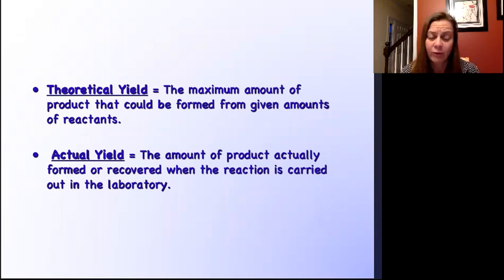So that would be the 44 cookies. And theoretical yield is the maximum amount of product that could be formed from the given amounts of reactants. And so that's the 48 cookies that the recipe tells you it's going to make. So when we calculate percent yield, we put actual yield over theoretical yield, and then we multiply by 100. And that gives us our percent yield.